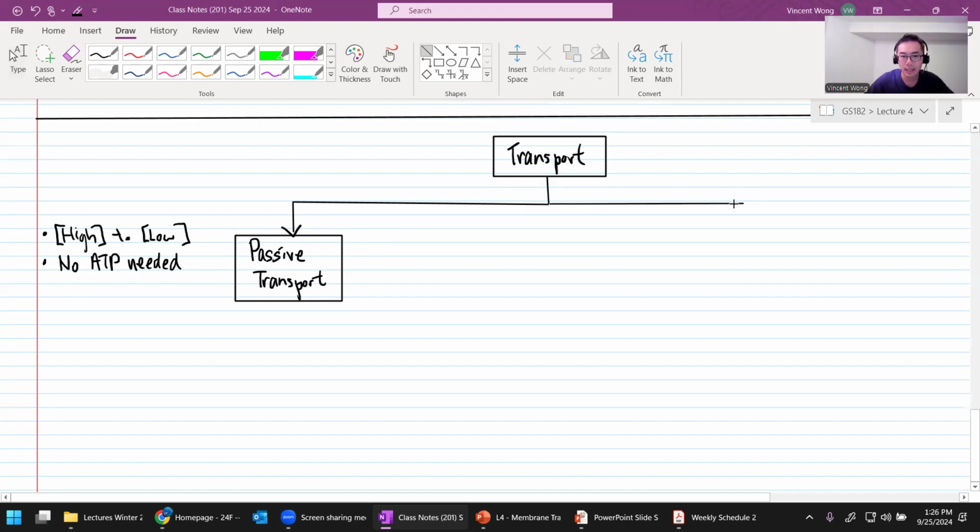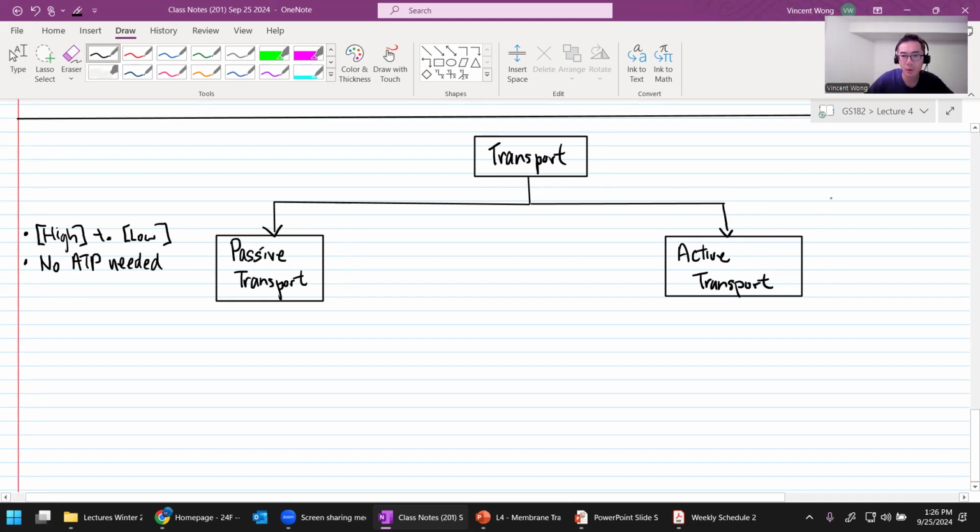On the other hand, we have active transport. This is going from low concentration to high concentration. It's like rolling a boulder up the hill. That's going to require energy.